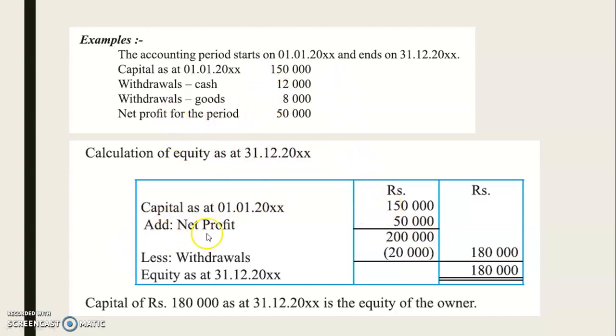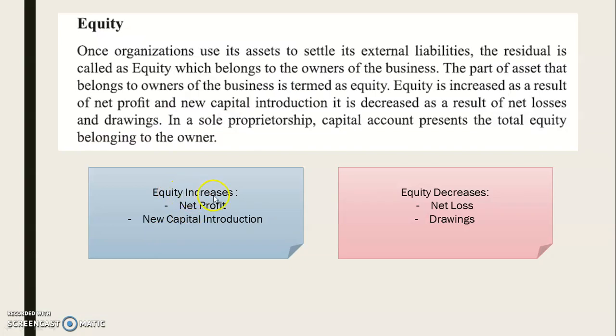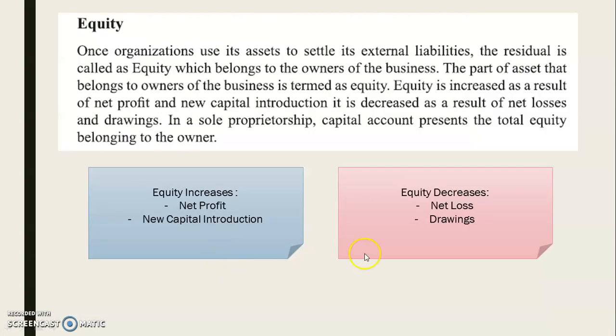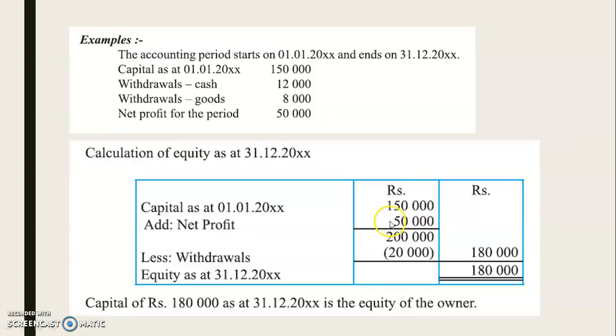Then you have the net profit. You add the net profit because equity will increase when there is a net profit. You add net profit, you got 200, then less withdrawals, because drawings will reduce the equity. Then you reduce drawings, 20, cash and goods together, both, remember, not just cash.